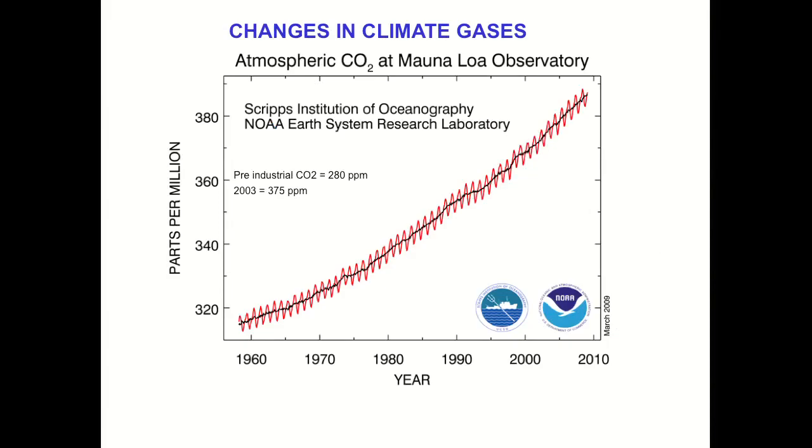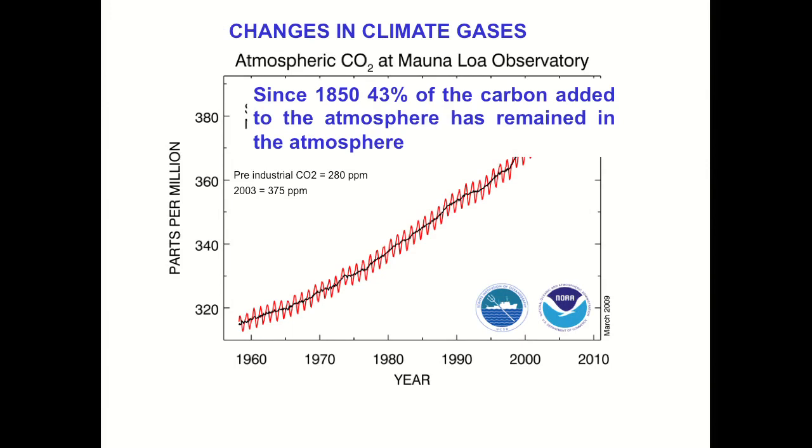So, if we remind ourselves about what CO2 is doing, pre-industrial, remember, it was about 280 parts per million, in 2003, 375 parts per million. Today it's over 400, approaching 410. And just to remind you about the lifetime effect of CO2, which we're not going to be too worried about in this course, but remember, since 1850, 43% of the carbon that's actually emitted into the atmosphere remains in the atmosphere. It has a long lifetime, over 100 years.